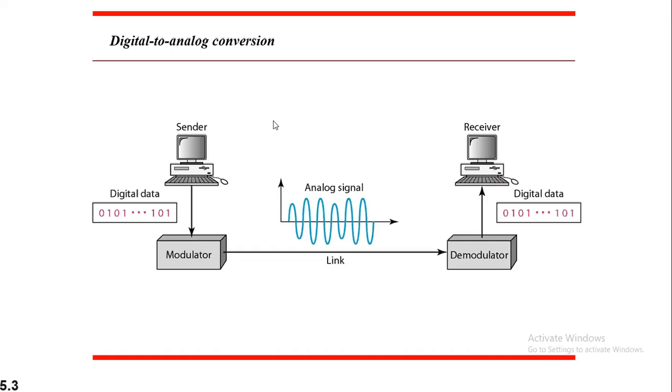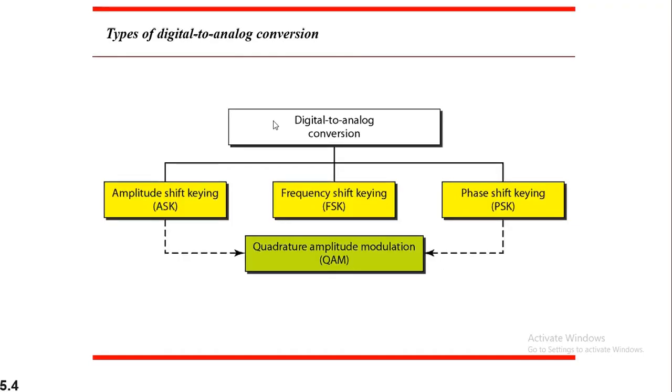Under this scheme, there are different techniques available. One is amplitude shift keying, where the digital data is mapped with the amplitude of the signal, and that is passed through a communication channel.